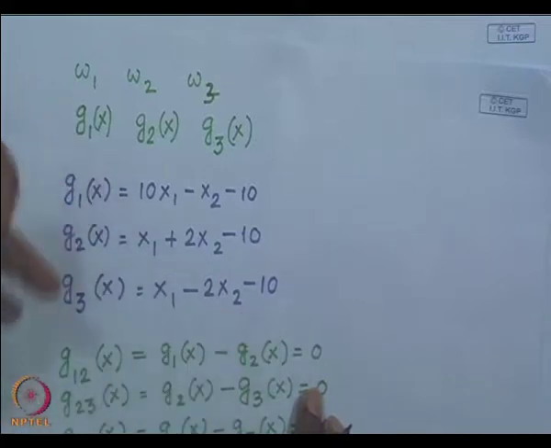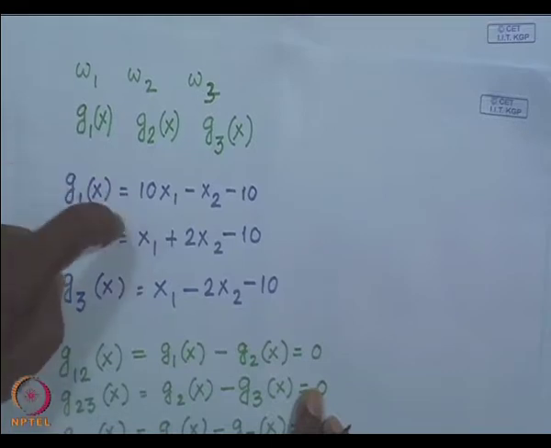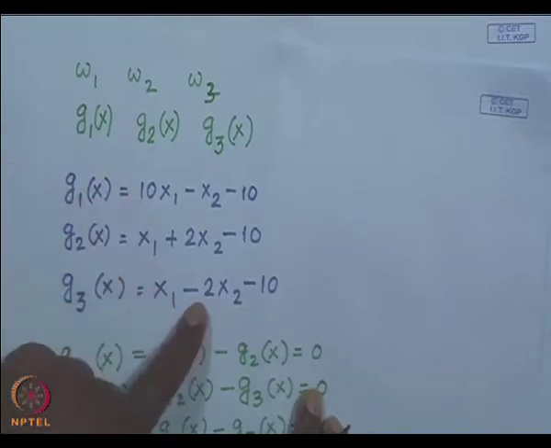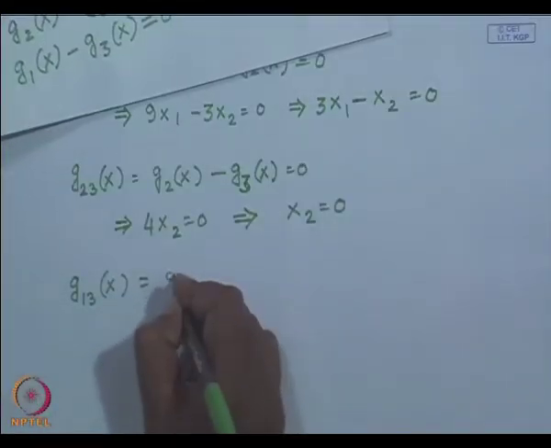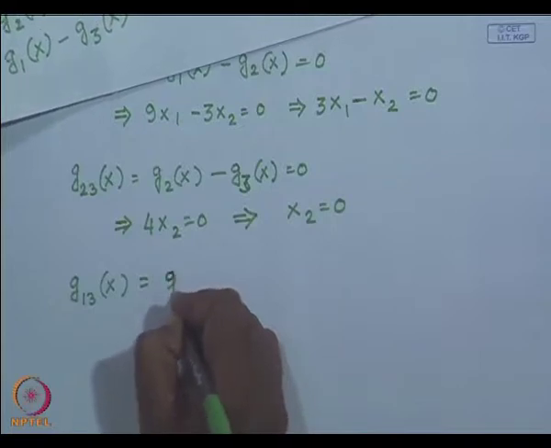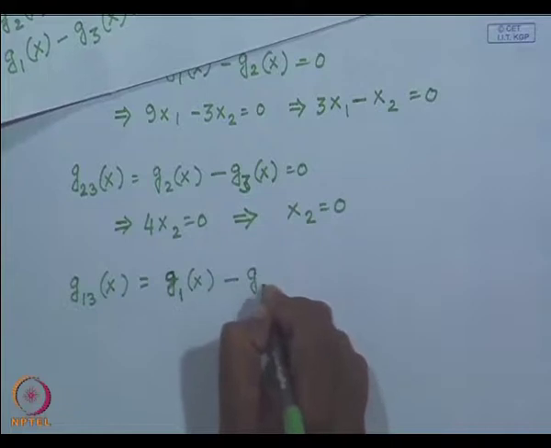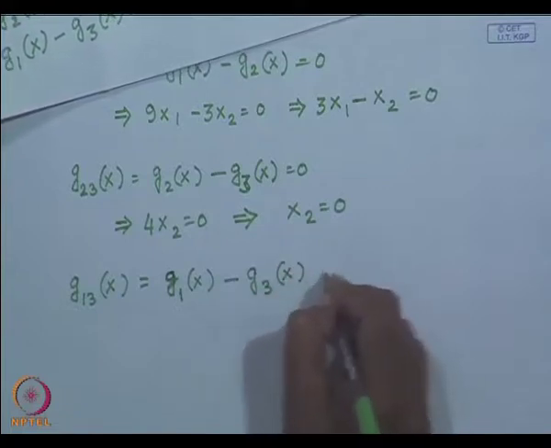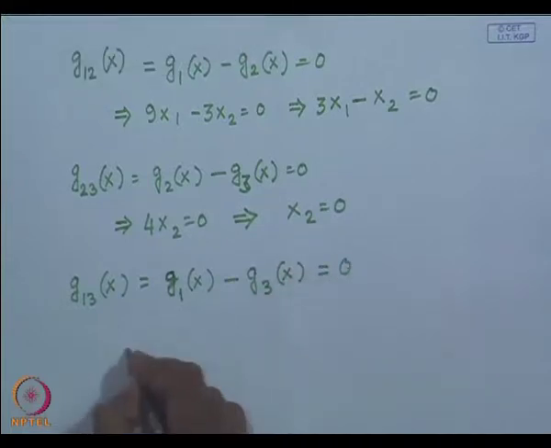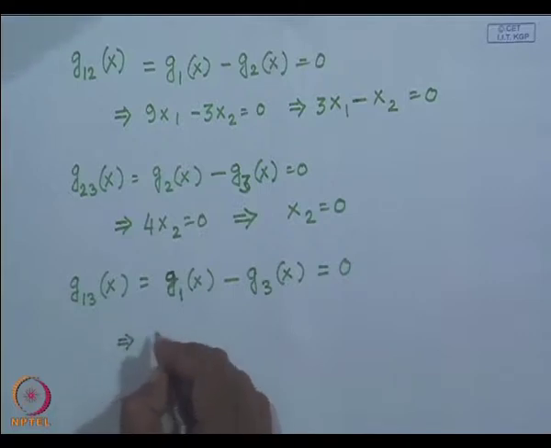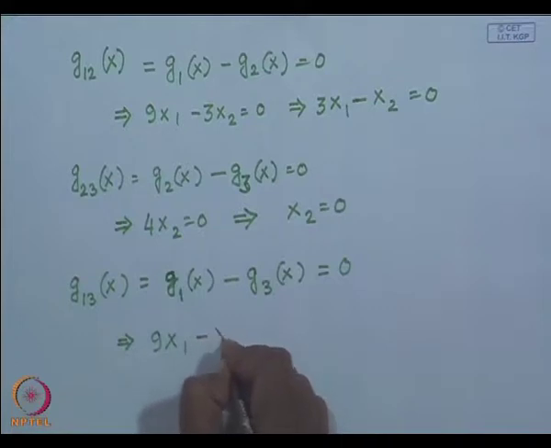When I subtract, what I get is 9x1 minus x2. I have to equate this to 0, which gives me 9x1 minus x2 is equal to 0.